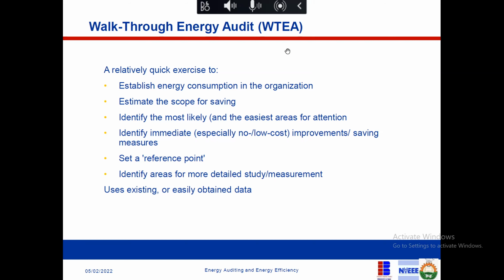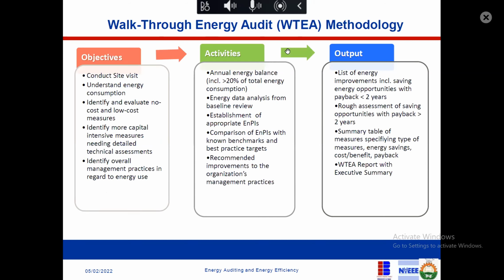So the next thing is to look at the objective, the activities, and the output of a walkthrough audit, right? Number one, you conduct site visits, that's the objective. You understand the energy consumption. You identify and evaluate the no-cost or low-cost measures.